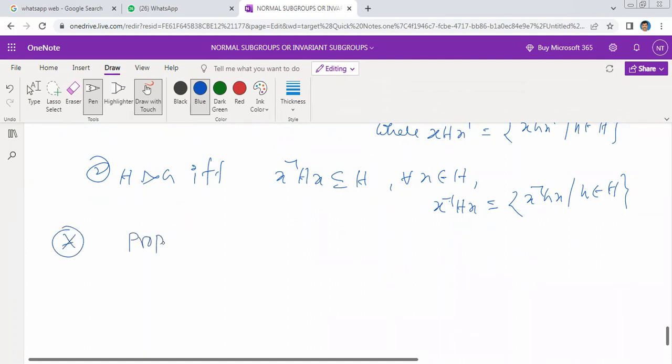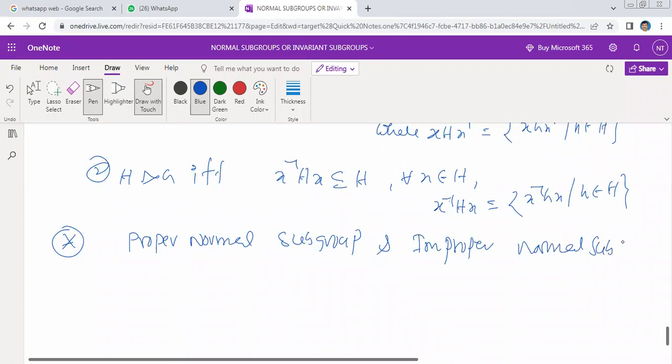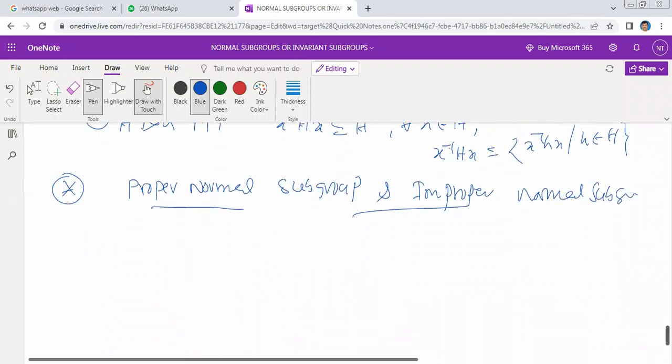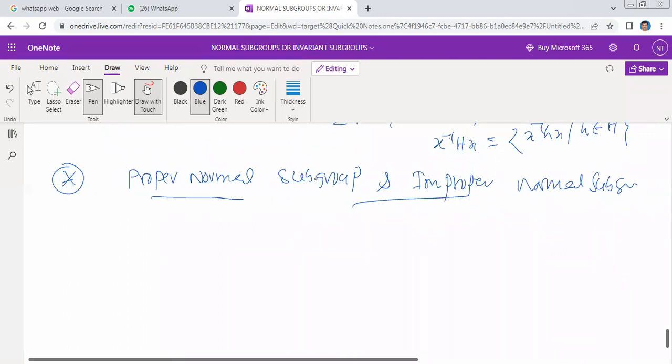What is a proper, simple and Hamilton group, we will define. These are proper normal subgroups and improper normal subgroups. So proper and improper normal subgroups, there we defined just subgroup, proper subgroup, trivial and non-trivial subgroups.